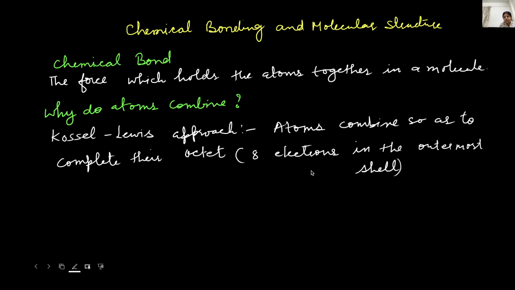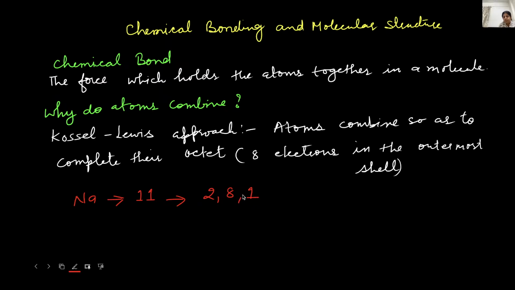So let us try to understand how atoms combine together, and what is a chemical bond. See students, take the example of sodium atom. What is the atomic number of sodium atom, students? 11. And what will be the electronic configuration? It will be 2, 8, 1. So actually sodium has one extra electron present in the outermost shell.